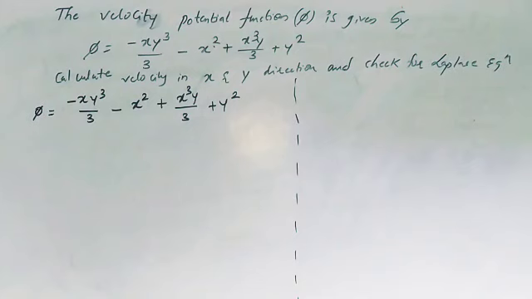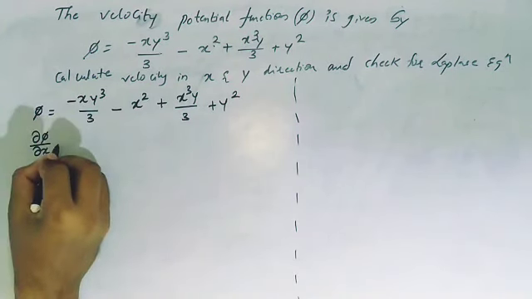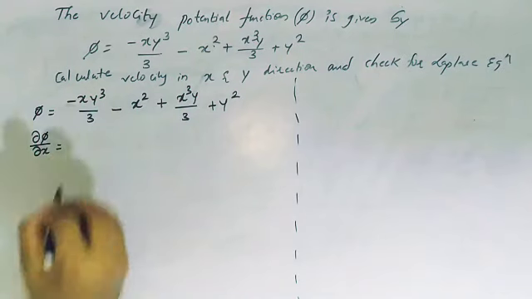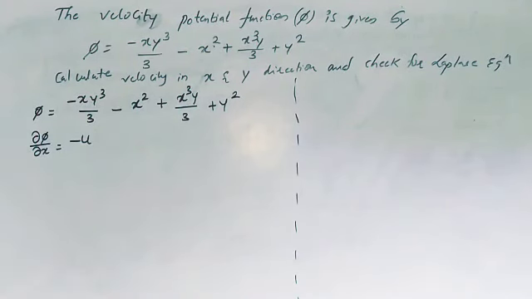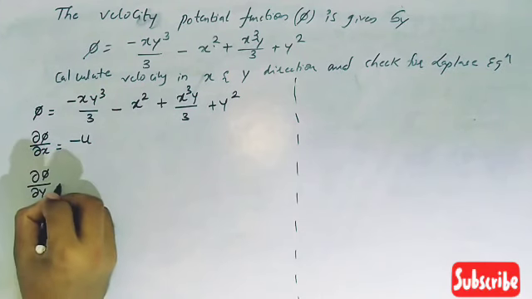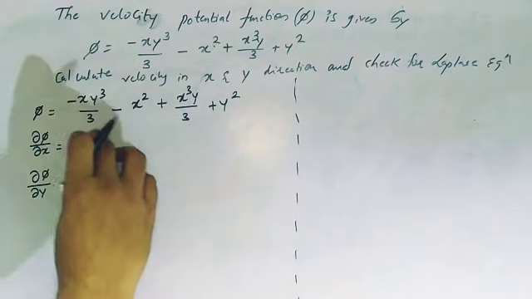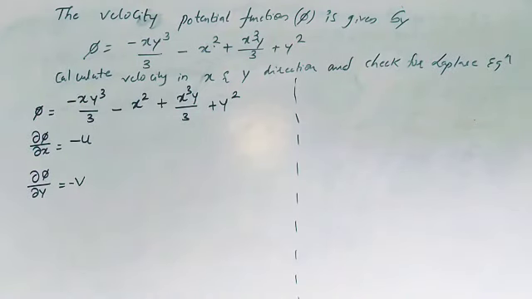Now as per the definition of velocity potential function, we know that dou phi by dou x is equal to minus u, and similarly dou phi by dou y will be equal to minus v. So this is the definition of velocity potential function.